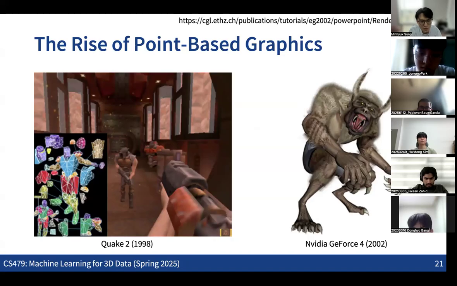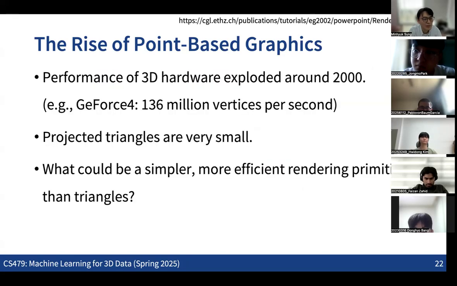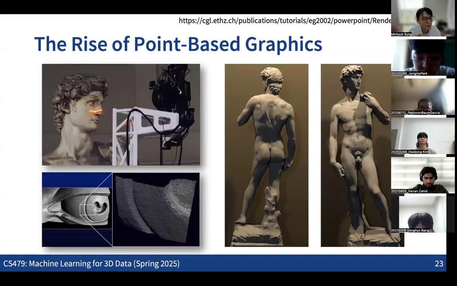More importantly, in the 2000s we started to see 3D scanners that could capture 3D objects in scenes at a very large scale and with very fine accuracy. This was the first 3D scanner, introduced in 1999 or 2000, as far as I remember.